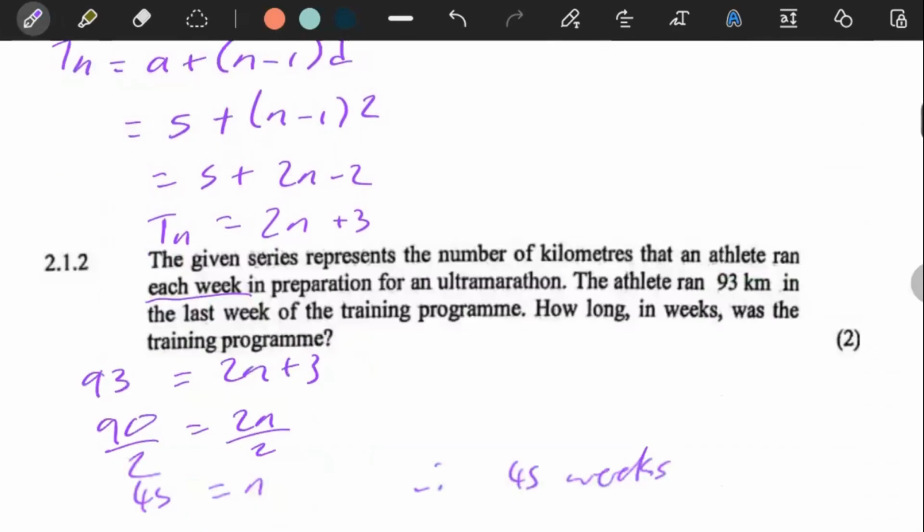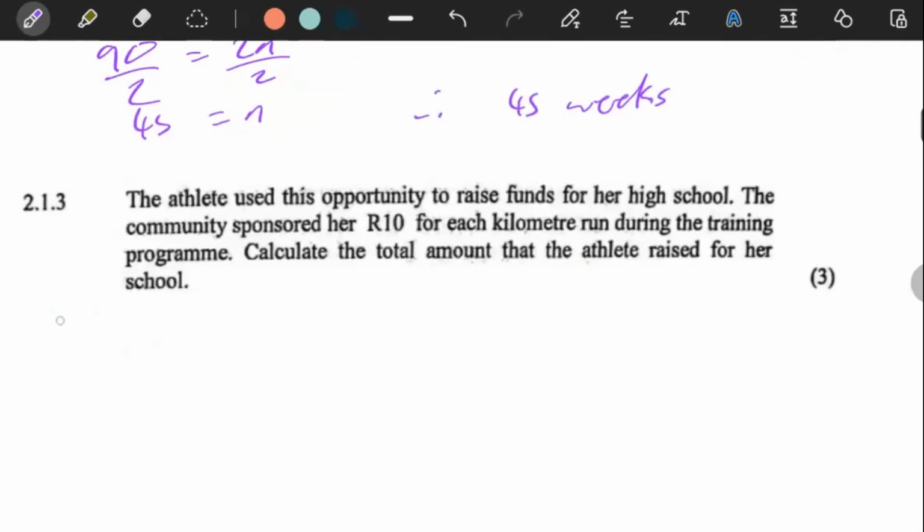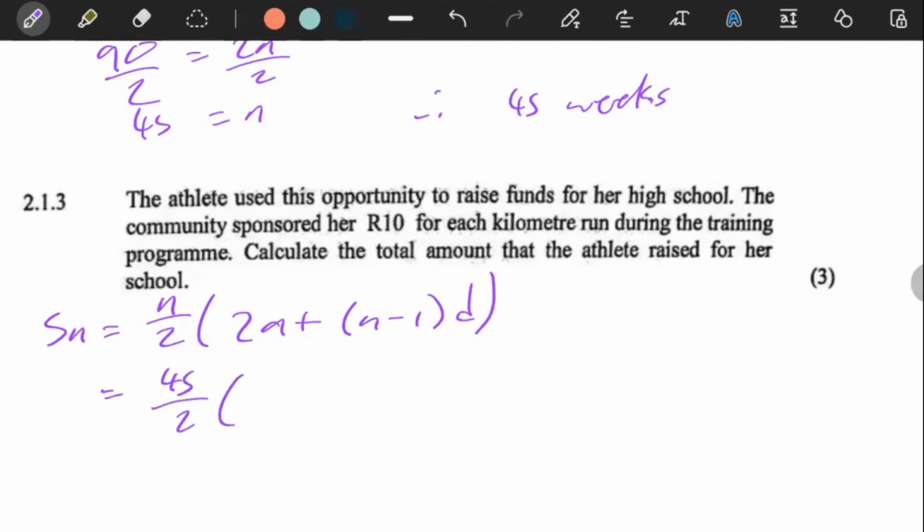So we have to work out the sum of this series. So the sum of any arithmetic series, we have this formula, which is on our formula sheet, or there's another version, but this formula is fine. You can just throw in everything as we see it.